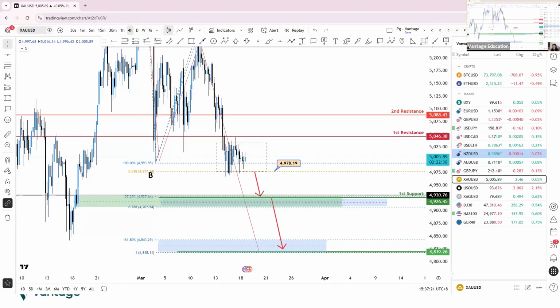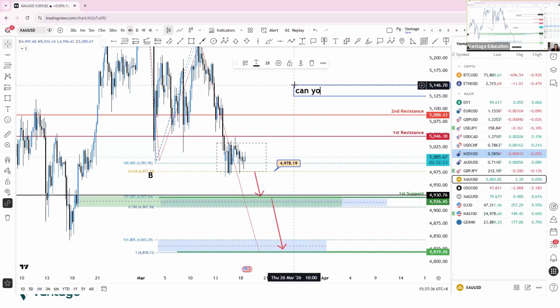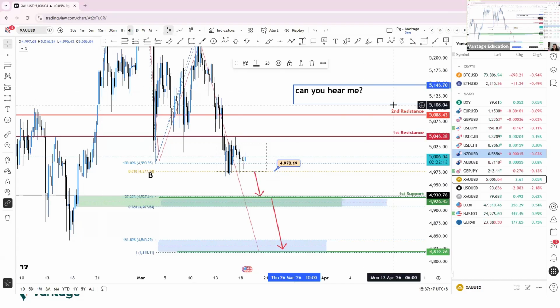I think the app is down. I cannot check here. Can you guys hear me? Oh yeah, okay, I continue. I think something is wrong with the Vantage app because it keeps loading. Okay, so I will continue.